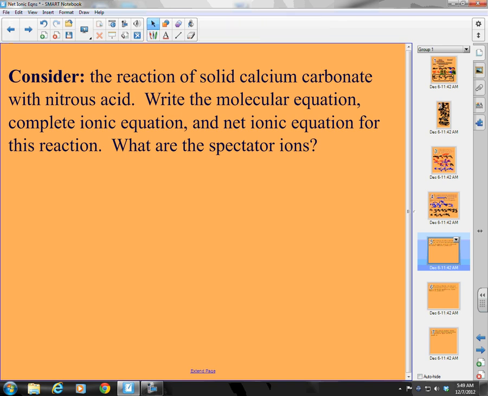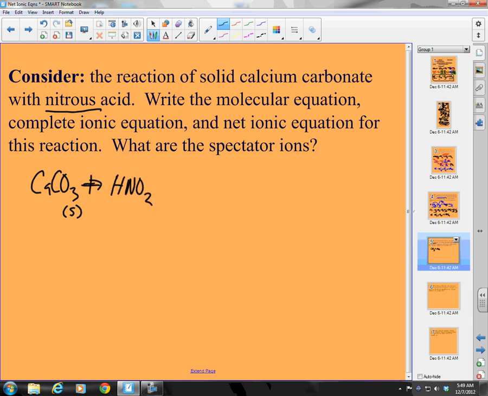Okay, this one was a little tricky. You thought it was a piece of cake, but it really isn't. I have calcium carbonate, and it is solid, and it's reacting with what? Nitrous acid. What is nitrous acid? Well, that is HNO2, and that is aqueous. And what is it going to produce?